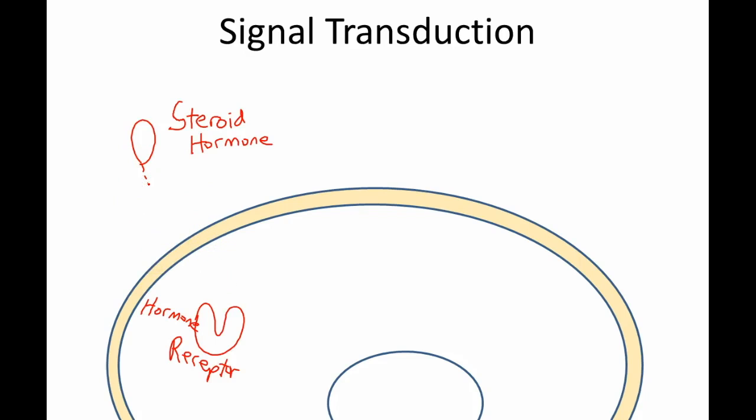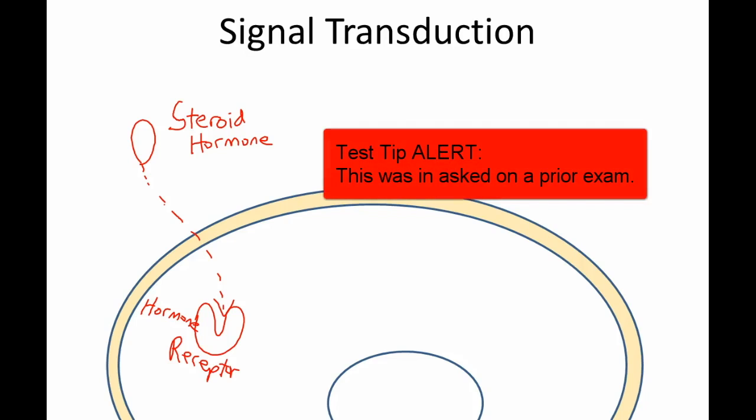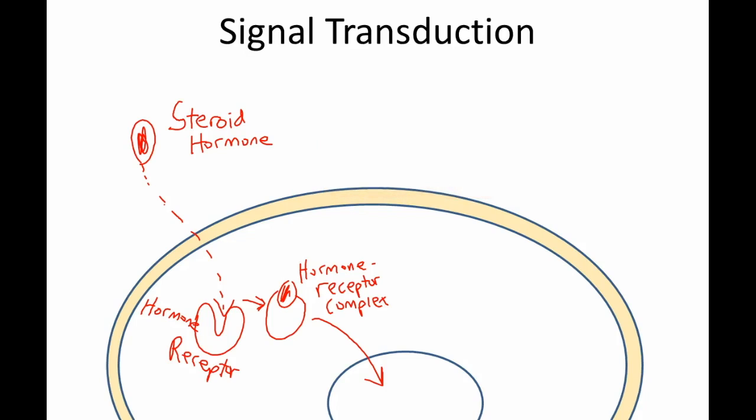A steroid hormone is hydrophobic, so it will readily go across the membrane. It will bind to the hormone receptor intracellularly, meaning on the inside of the cell, in the cytoplasm. It will form a hormone receptor complex. This complex will cross the nuclear membrane and most likely trigger specific genes to be turned on.